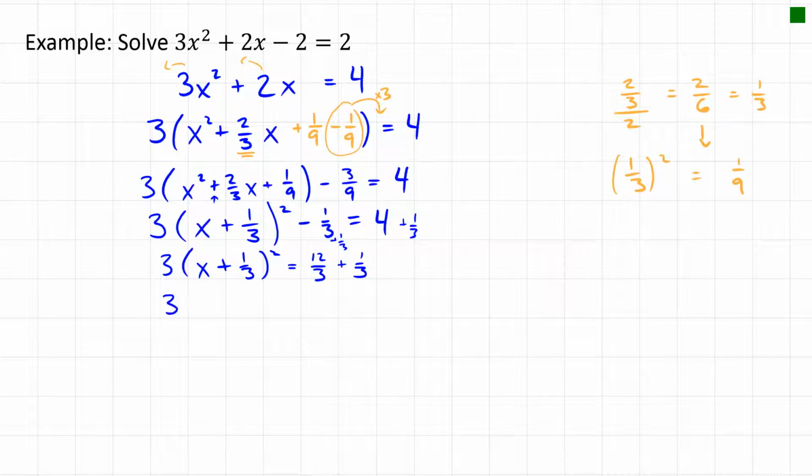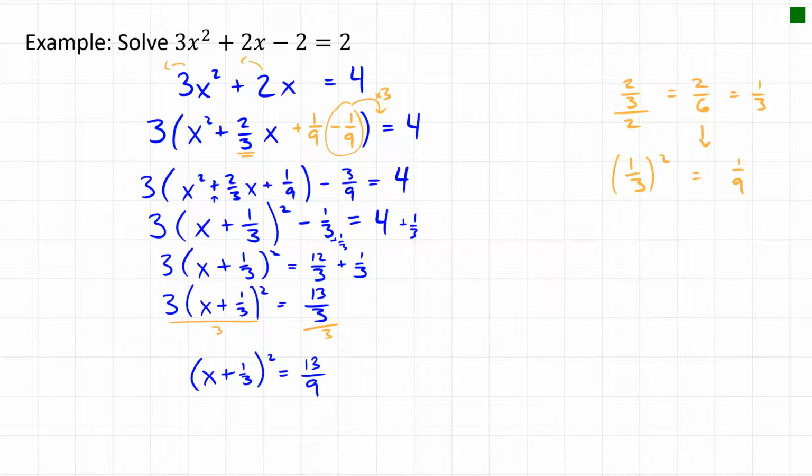So I have 3 times x plus 1/3 squared equals 13/3. And now I have to divide each side by 3. So I get x plus 1/3 squared equals 13/3 over 3, which is the same as 13/9.